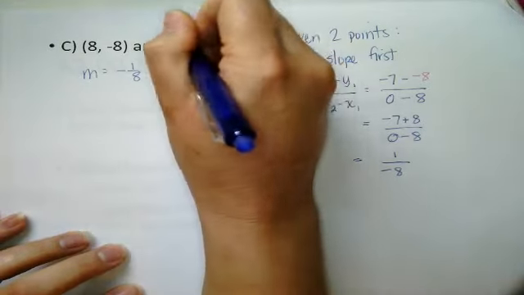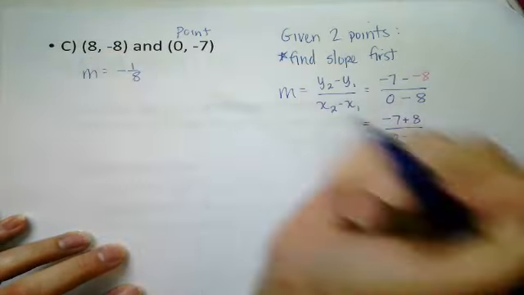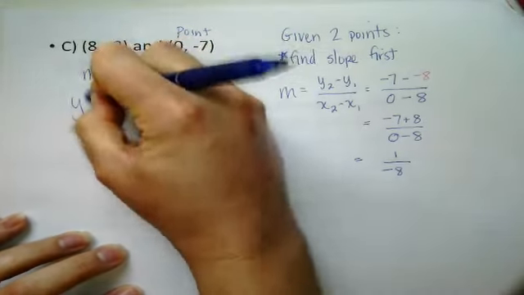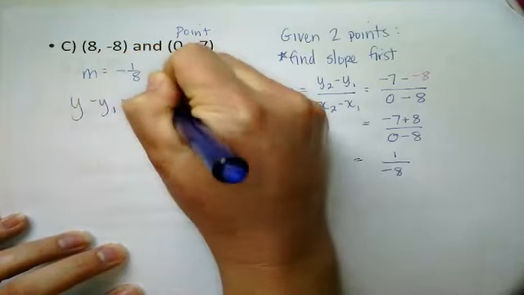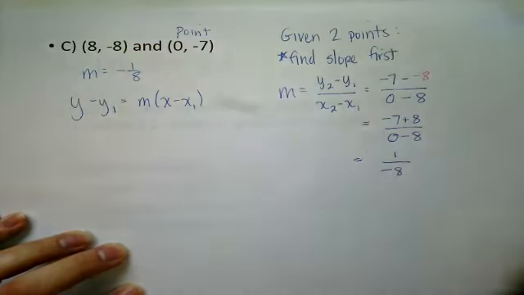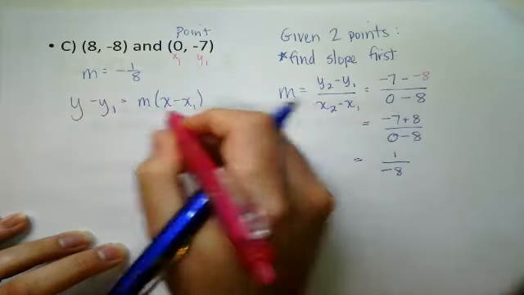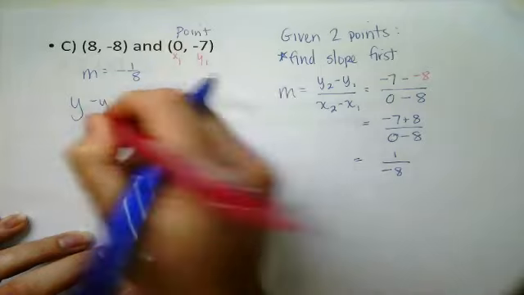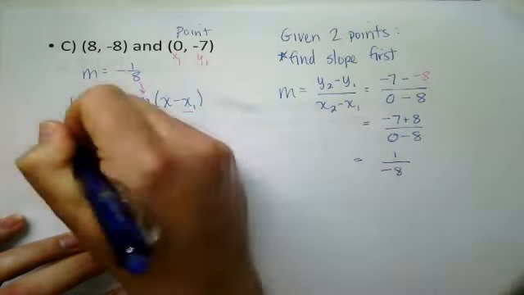I'm going to use this point and this slope, and I'm going to plug it in now to point slope form. y minus y1 equals m times the quantity x minus x1. So again, my job, I'm taking this point and plugging it in for x1 and y1. It doesn't matter what numbers you use there, knowing it's just going to go here and here. And then my slope of negative 1/8 goes in for m.